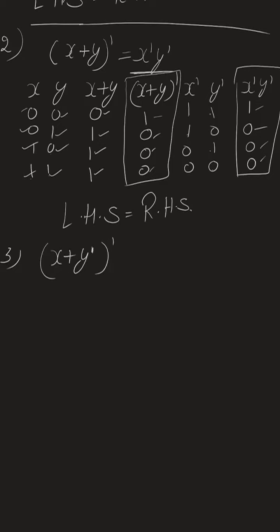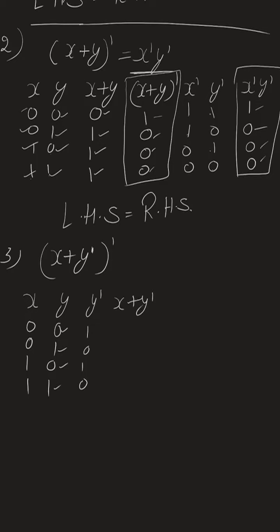So you can write down the possible combinations of x and y here. Simply write down x y 0 0 1 1 and 0 1 0 1. Now we need y complement, so you can write down y complement here, and 0 converts to 1, 1 converts to 0, again 1, again 0. Now we need x plus y complement.